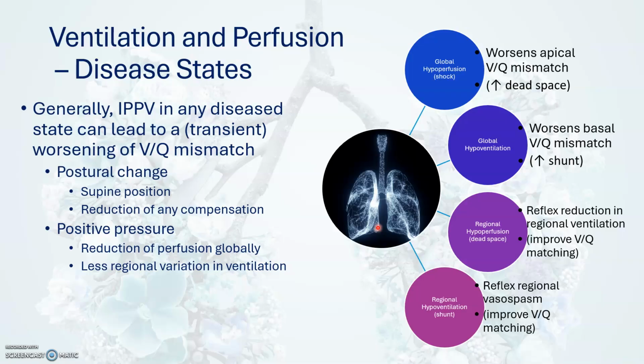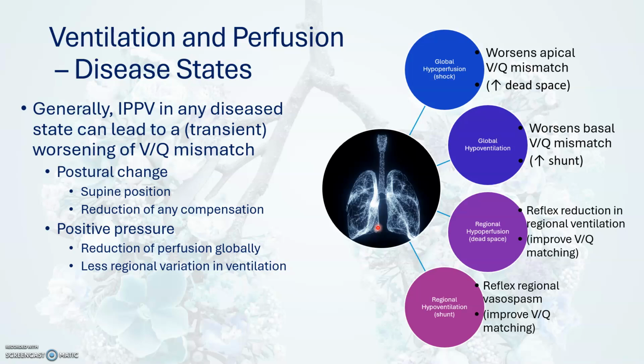So when we apply positive pressure ventilation to patients with regional hypoperfusion or regional hypoventilation, we can make things worse initially because, for example, in a patient with regional hypoperfusion, we now force ventilation into that area, and at least initially that area is not being perfused, but we're ventilating the area, which then leads to creation of dead space once more.